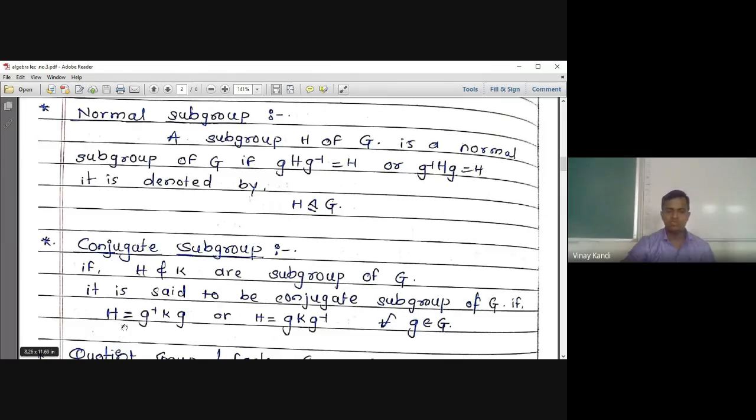So H is equal to g inverse K g or H is equal to g K g inverse for all g belongs to G. Then we say that H and K are conjugate subgroups.